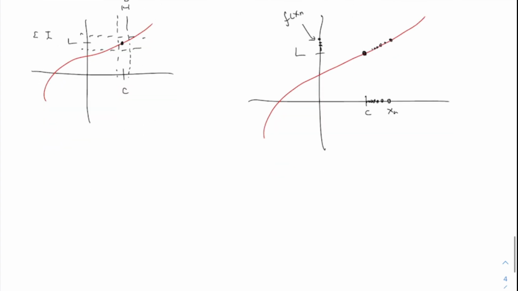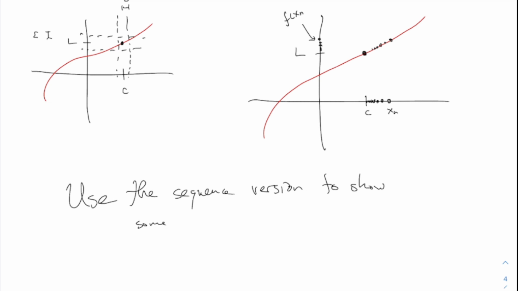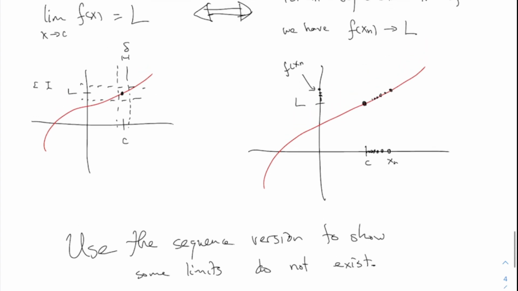So we use the sequence version, the one on the right, to show that some limits do not exist. And maybe I will just leave it at that for today. We're going to do a bunch of examples with that next time.